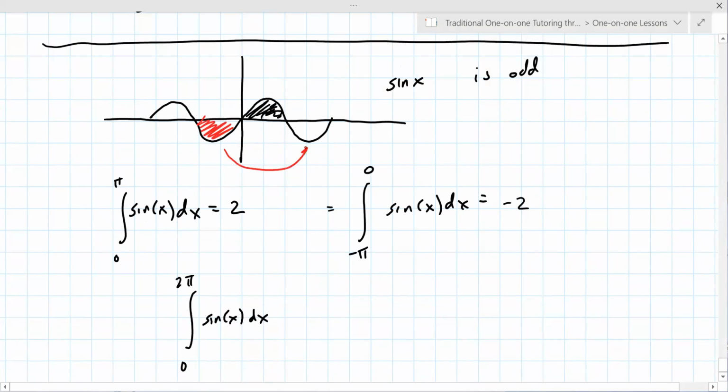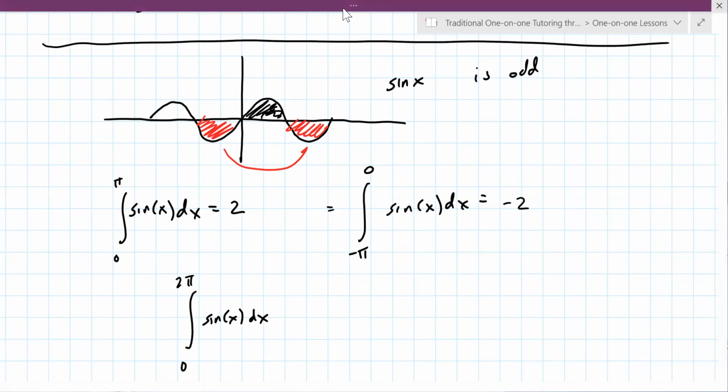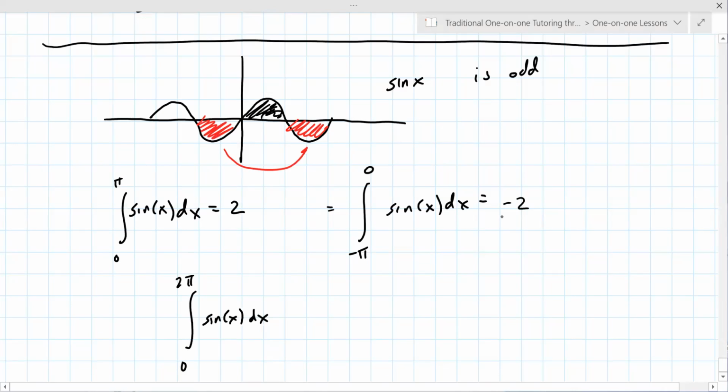So these are the same. This -2 over here is this red area on the left, which is the same as this red area on the right. So this black area is 2, this red area is -2, and that's 0.